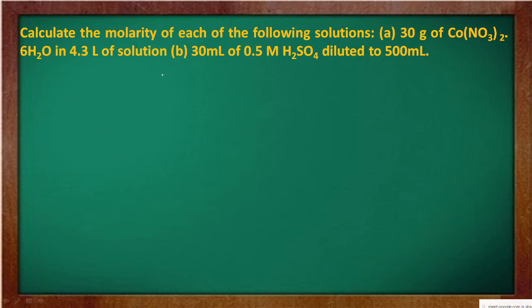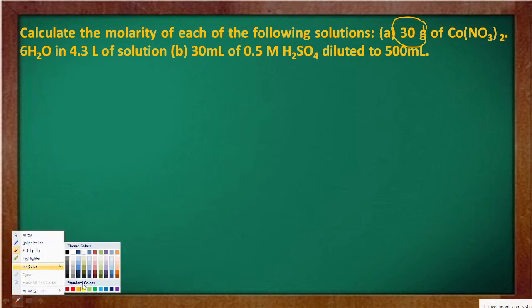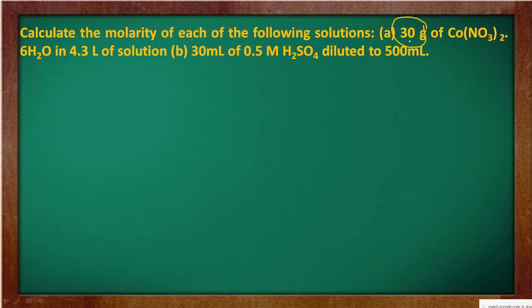Now you see, we have been given 30 gram of cobalt nitrate. First of all, we have to determine the number of moles present in 30 gram of cobalt nitrate, and for that we have to calculate the molar mass.